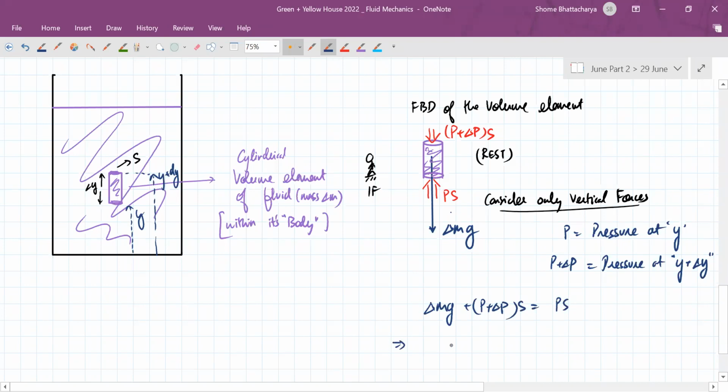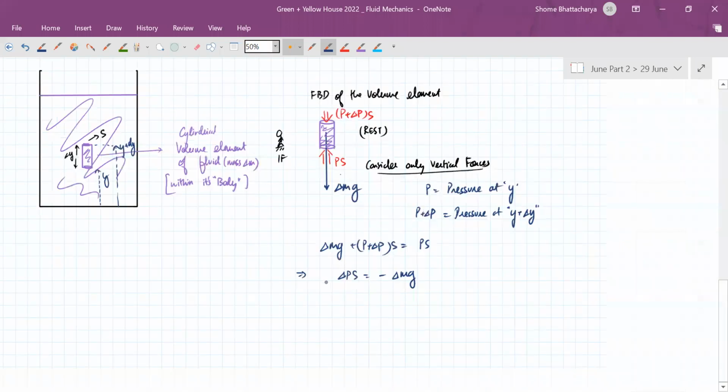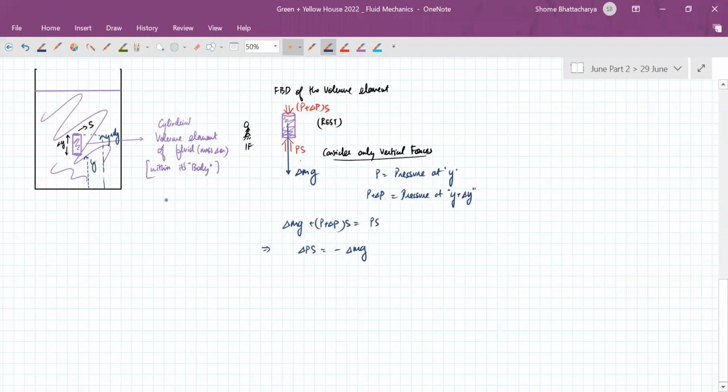So this gives us a result that delta P into S is equal to minus delta m g. First of all, this shows us that the pressure is decreasing as we go up. That is why delta P is coming out as a negative quantity. Secondly, that volume element will have a mass, which is density into volume. Remember, this is an ideal fluid of density rho.